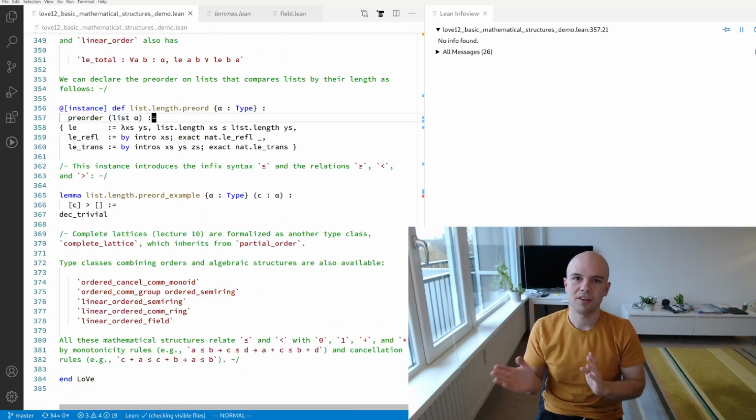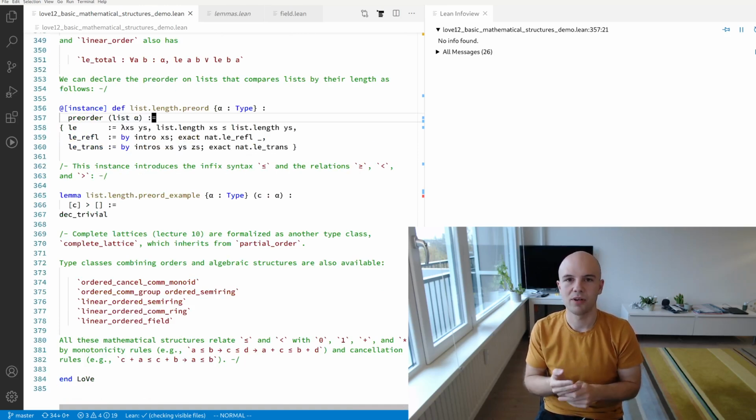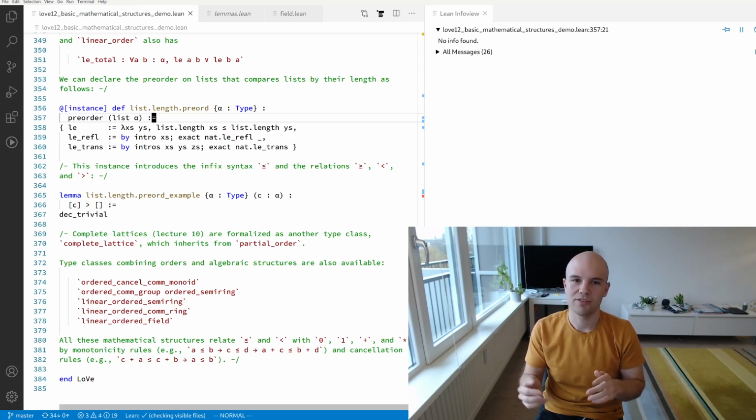Now we've already seen another kind of order structure in chapter 10. This is where complete lattices. So the lattice always gives you an order relation, by setting that x is less or equal than y if the meet of x and y is x.